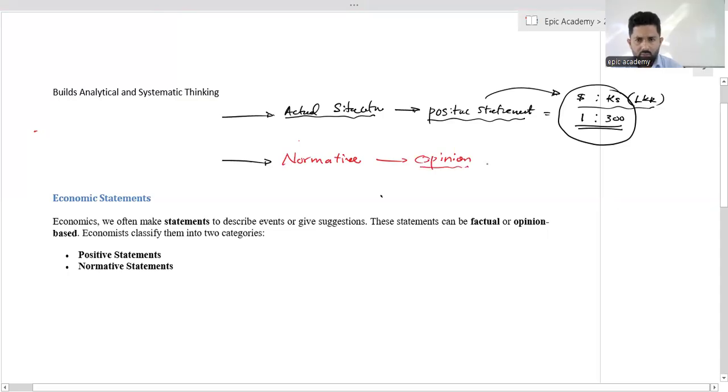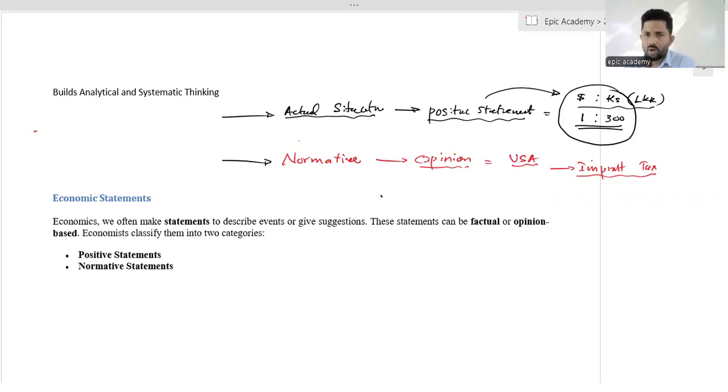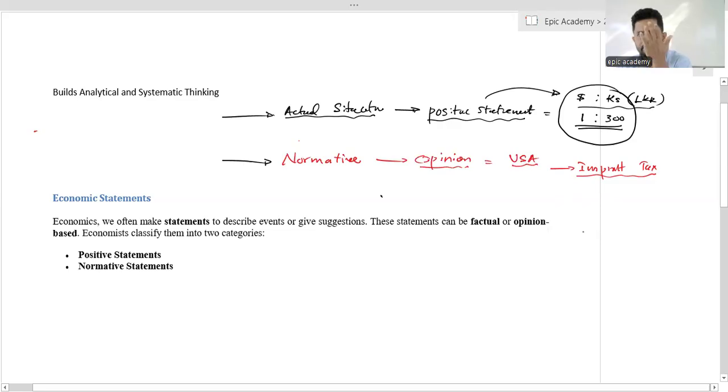Okay. As an example, just consider USA. USA increased the import tax for many countries in the recent past. Okay, if you have seen those statements and situations where Donald Trump made the statement, they are increasing the import tax for China at a big level.